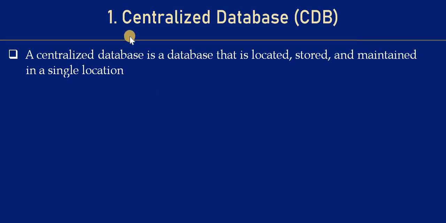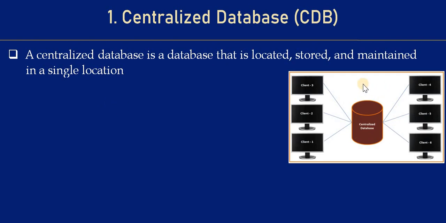The very first one is centralized database. We can call this a CDB, centralized database. A centralized database is a database that is located, stored, and maintained in a single location. Here in the diagram we can see a centralized database and we have client 1, client 2, client 3, client 4, client 5, and client 6.